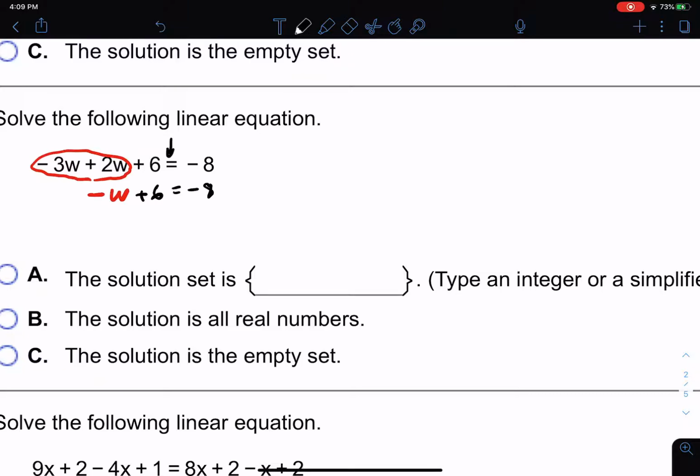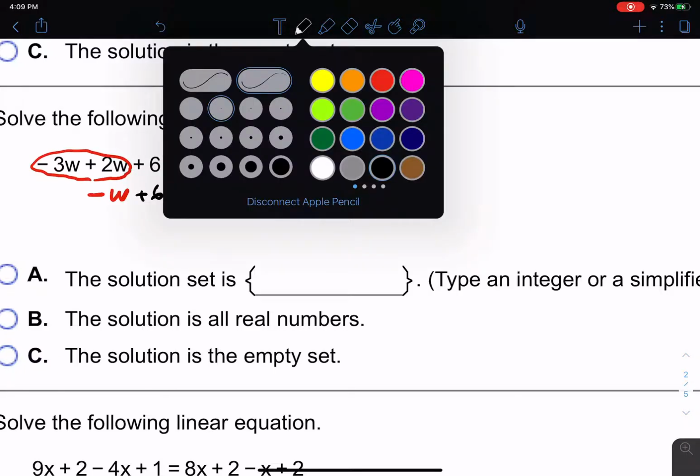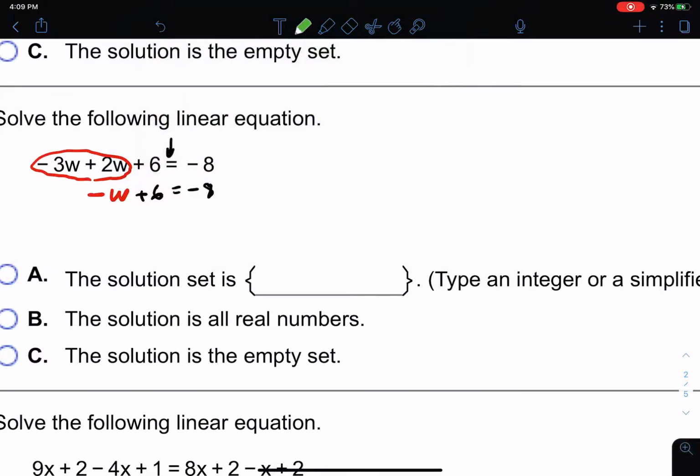Now I want to get w by itself. And w has something that's in our way, in some ways, right? That's 6. So I want to get that 6 away from the w. So I'm going to do its inverse or opposite, which would be minus 6. If I subtract 6 on the left, I must subtract 6 on the right.